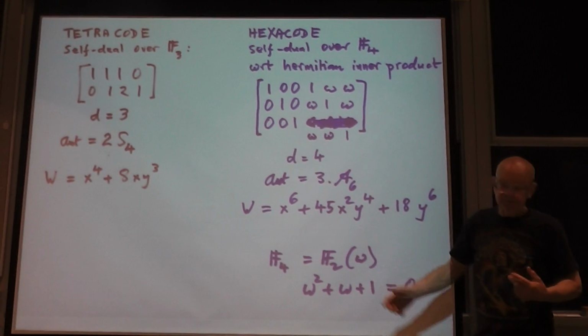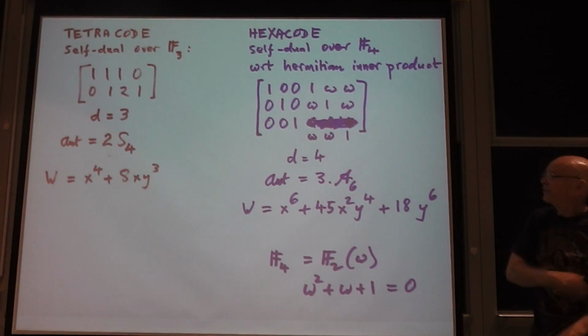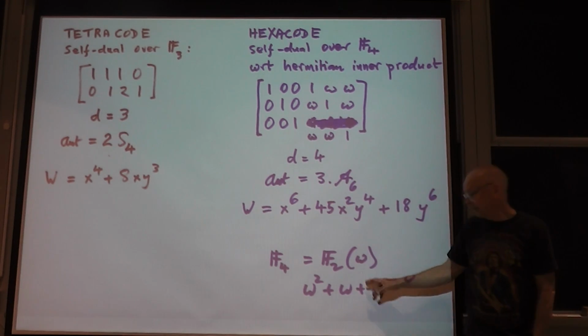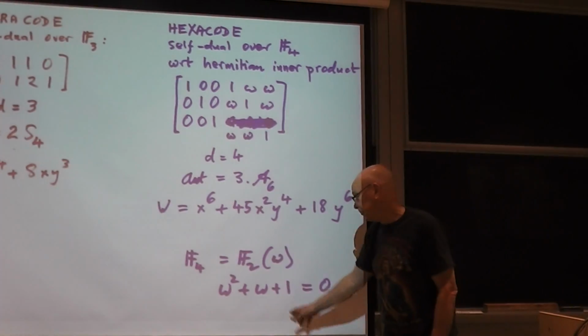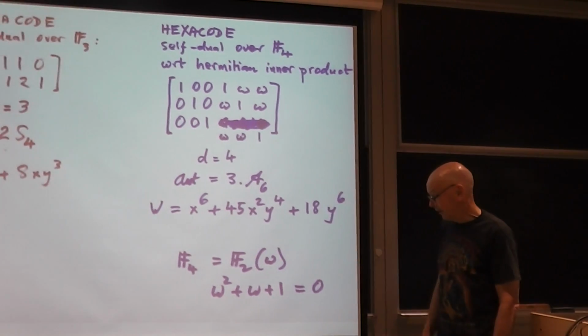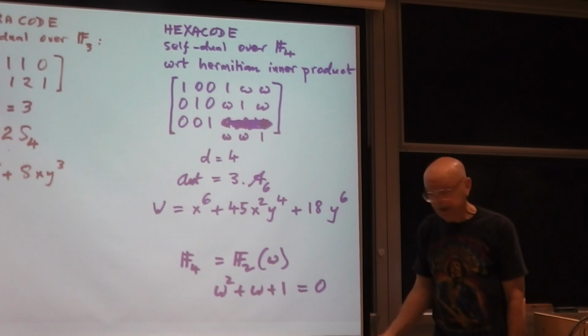The hexacode is a code of length 6 over the field of 4 elements. We take GF4 to be the field of 2 elements when we adjoin a cube root of unity, as usual. We take a primitively reducible polynomial, x squared plus x plus 1, adjoin the root, add it to F2, and we get a field of 4 elements.